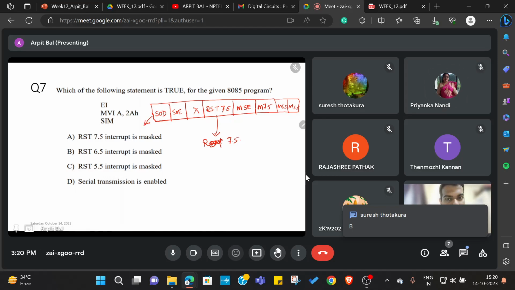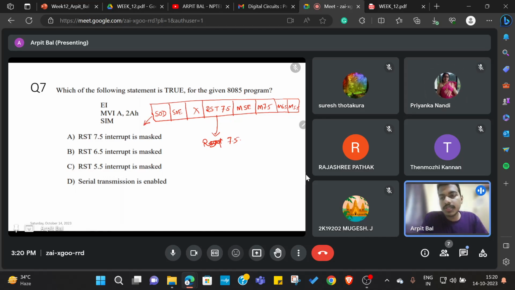E. Yeah, basically enable interrupt, and then SIM, which stands for set interrupt mask. Whatever value is present in the accumulator, based on that this complete register value is set.